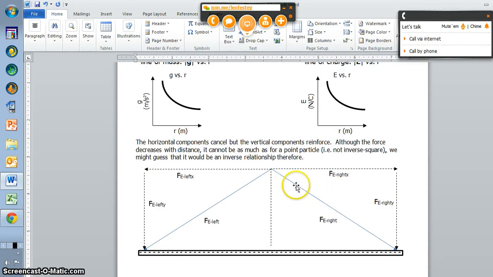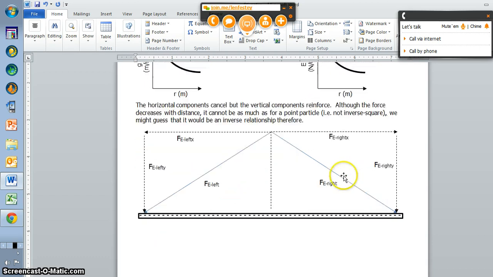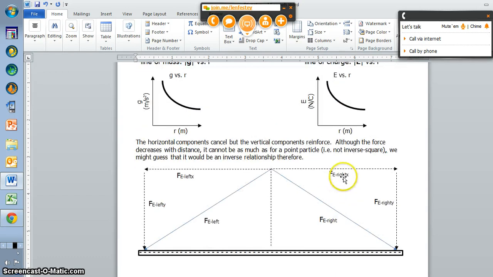And so again, our supposition is that while it gets less, it doesn't get less as fast as the inverse square. And so we guess that it might be simply an inverse relationship. Okay, so that's what we looked at.